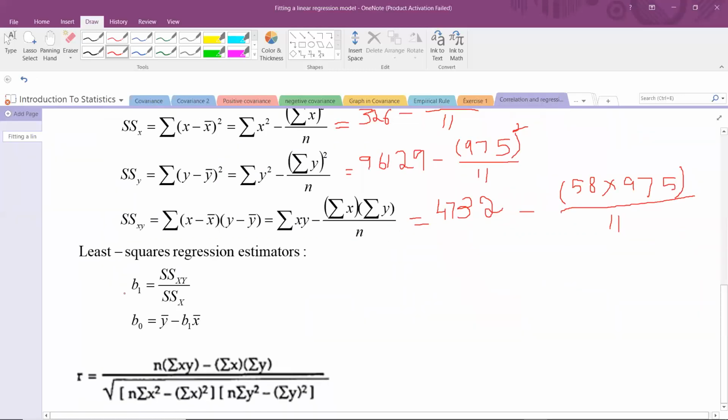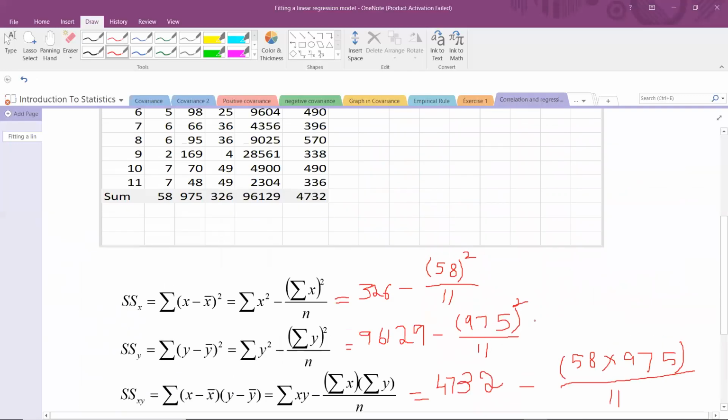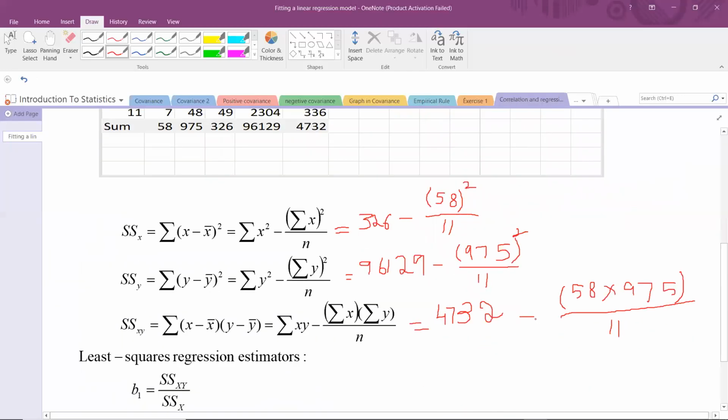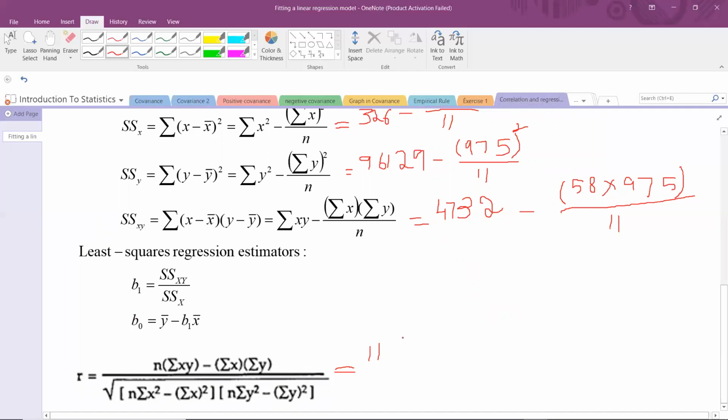Finally, we need to compute beta naught and beta 1 by just dividing these items. And in the correlation, we have n, which is 11. The total of xy is 4732 multiplied by n, minus the total of x and total of y.